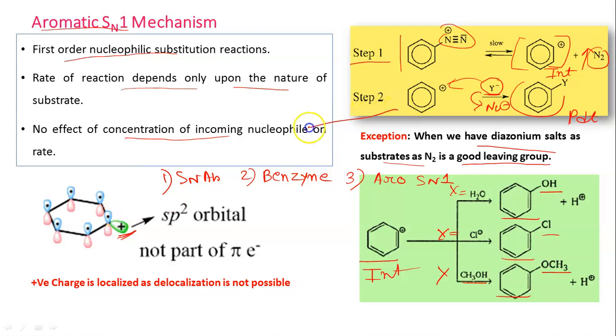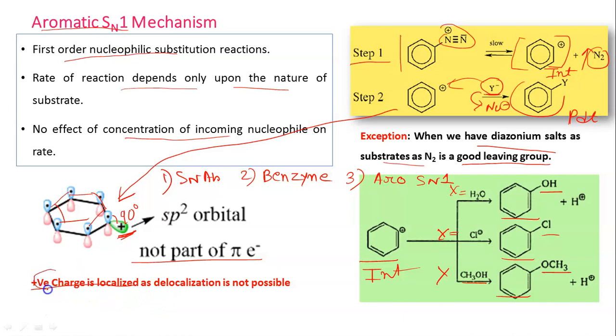So this molecule is actually this one. Here you can see this is the aromatic sextet. It is still intact, but this sp2, where the positive charge is present, is not part of the pi electron system. It is perpendicular to the aromatic sextet. It is 90 degrees. So this positive charge is not part of the aromatic sextet.